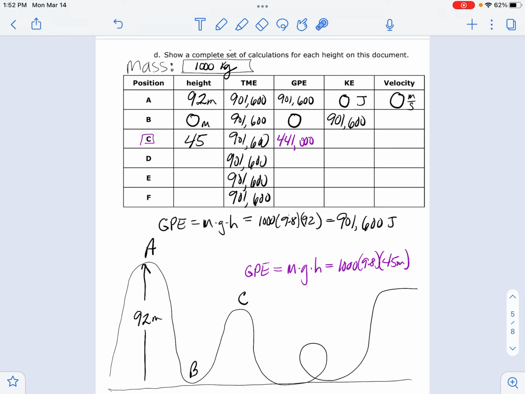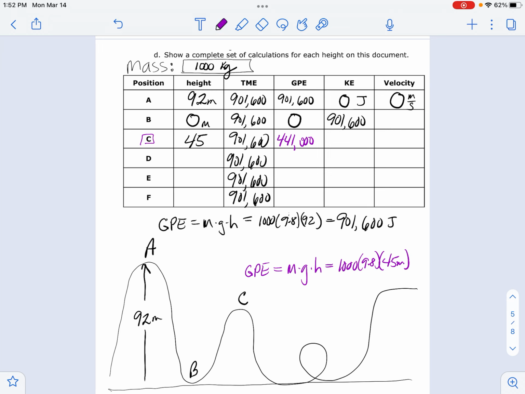Now to find my kinetic energy, once again, I'm going to take total energy and subtract my gravitational potential energy.